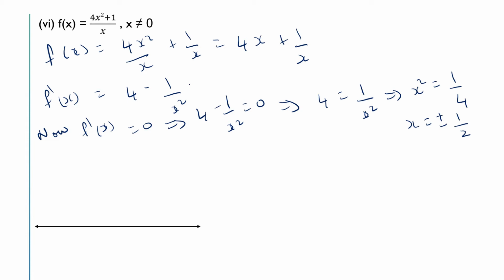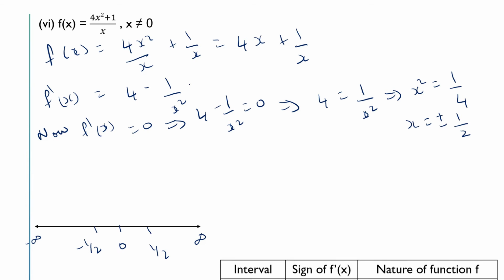But here, since it is given x is not equal to 0, we have minus infinity to minus half, minus half to 0, 0 to plus half, and plus half to infinity. So these are the various intervals.